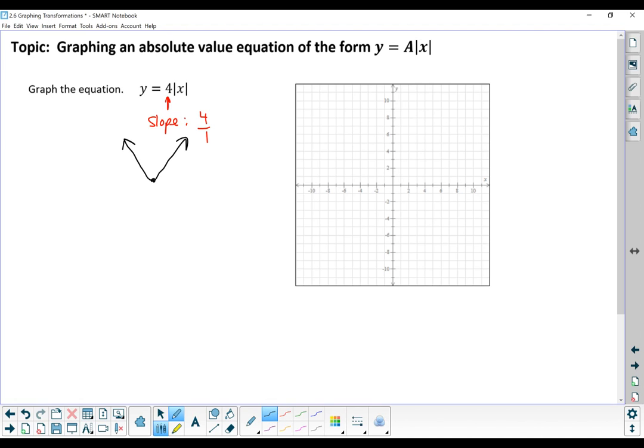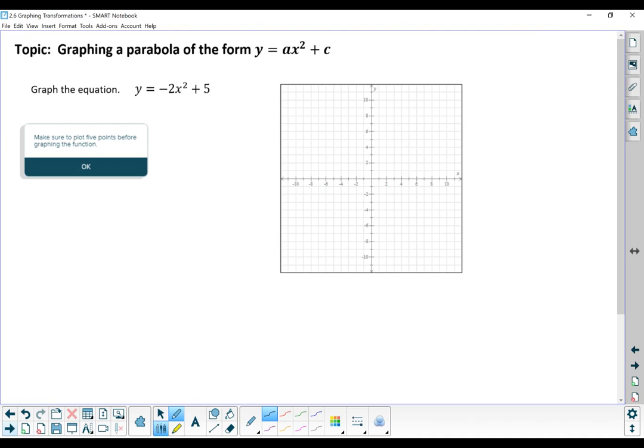In ALEKS, you'll have a ray tool that you'll use. So you can think about where the vertex is at the origin and then just stretch it up 4, and you can count off that slope if you want, 1, 2, 3, 4 over 1, and then just do another ray on the other side to create that absolute value shape.